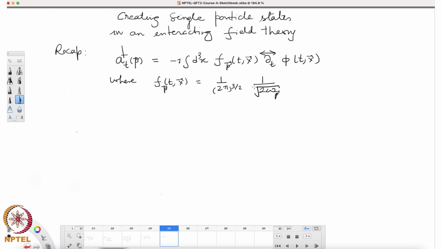Remember this omega p: omega p squared is equal to p squared plus m_p squared, where m_p is the physical mass, not the mass parameter in the theory, but the physical mass of the particles which you will get in this theory.